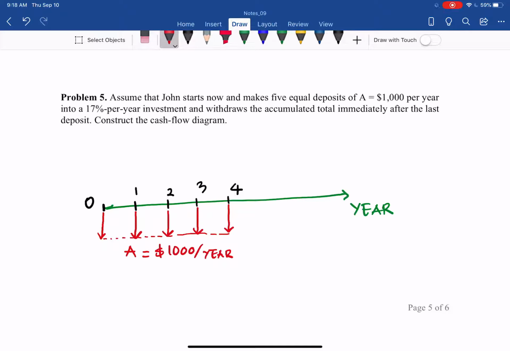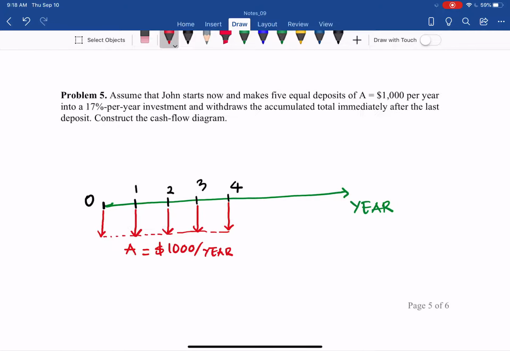So 5 equal amounts. He withdraws the cumulative total immediately after the last deposit. The last deposit is at the end of year 4. He withdraws, so it goes to his own money, which means inflow, going up. I consider it just F. We will define F in the next lesson, but that is F for now.